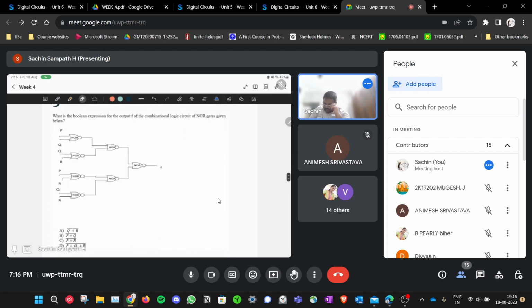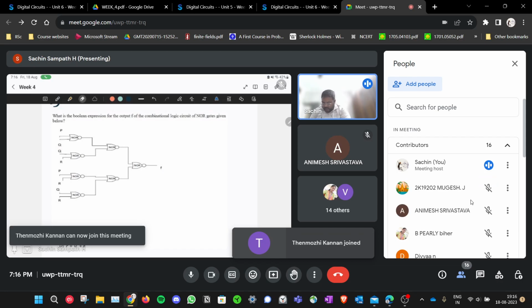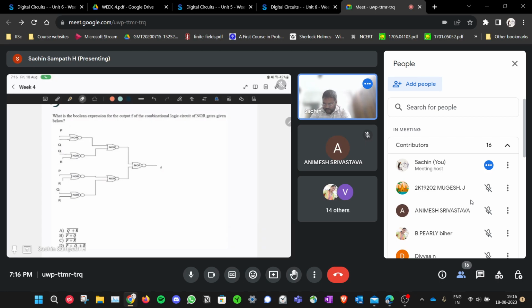Question number 3. Again we have to find the Boolean expression. How will you do this? NOR gate output will be P plus Q bar. This is Q plus R complement.